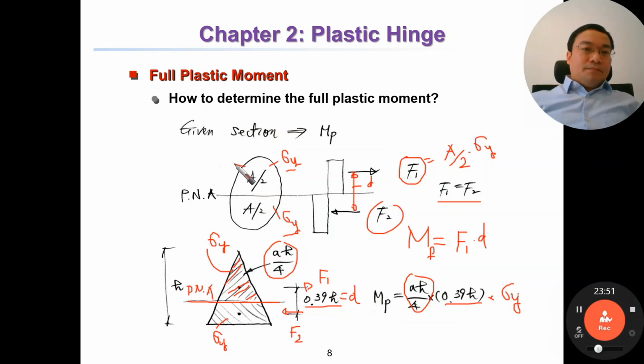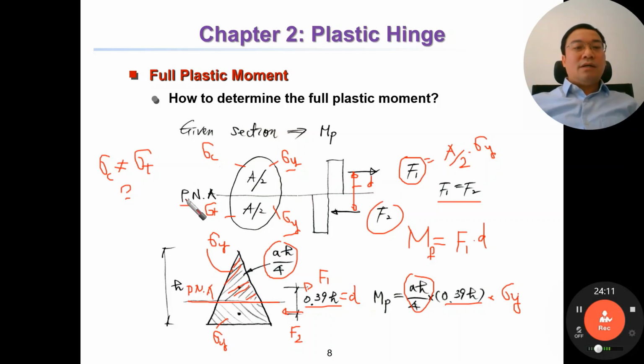If it is compression, sigma C, and it is tension, sigma T. If sigma C is not equal to sigma T, then how to determine the PNA, and how to calculate Mp? Think about that.